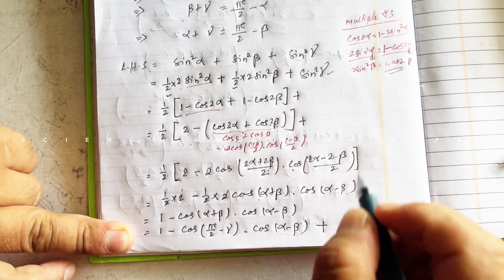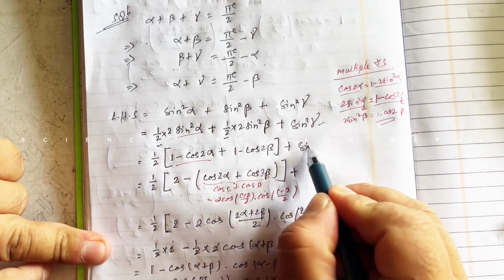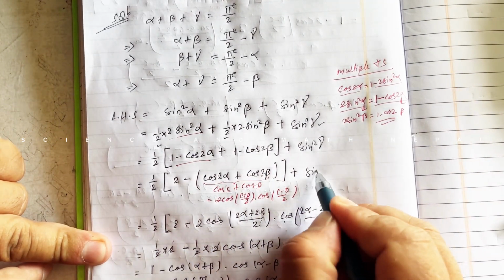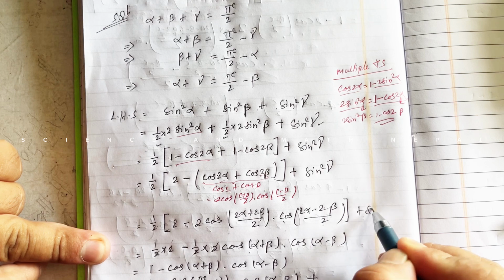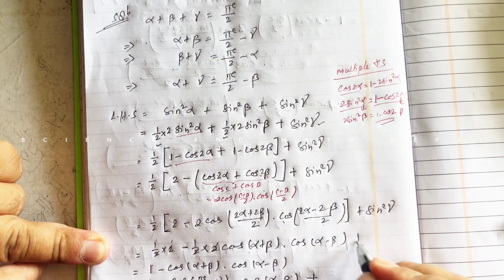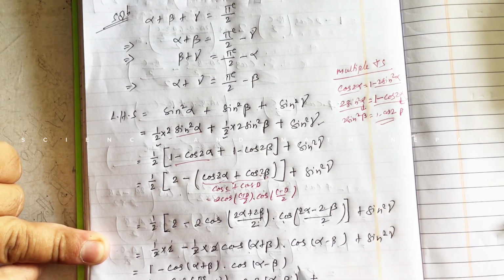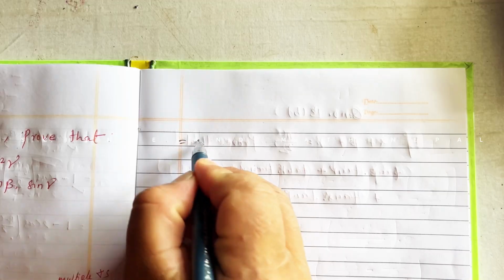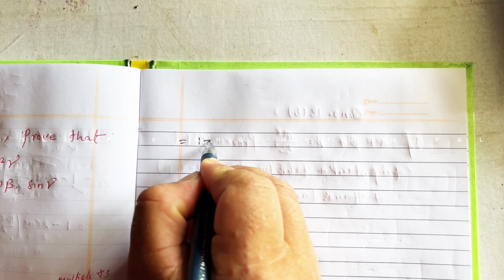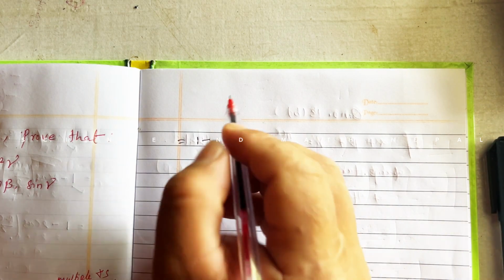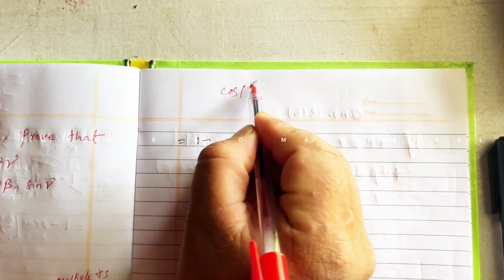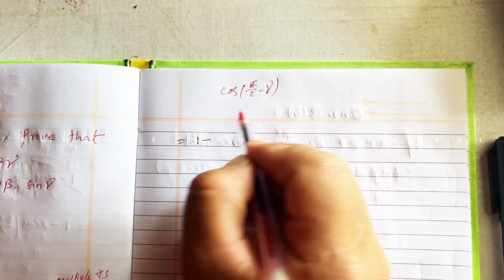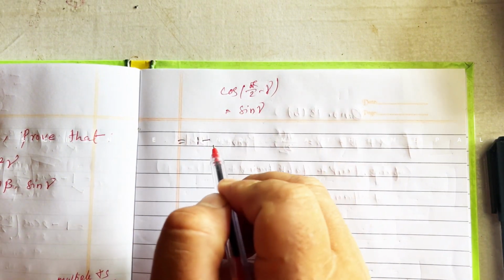Okay, plus let's write sin square gamma same as it is, plus sin square gamma.